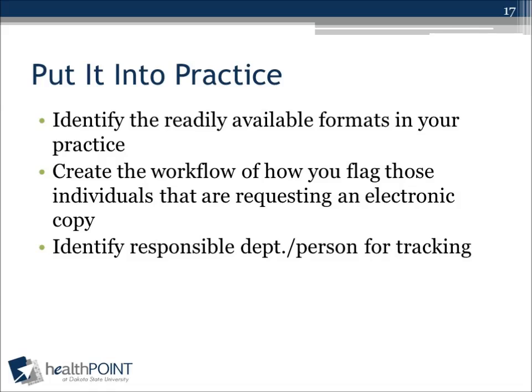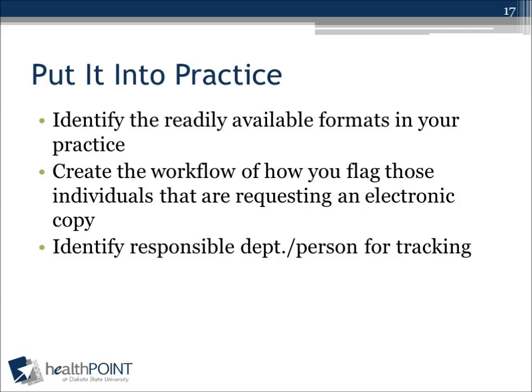So how do we do this? How do we operationalize these changes? Really identify the readily available formats in your practice. You don't have to have limitless types of formats that you will give people electronic access. If you have a patient portal, that is a great way to give people access.